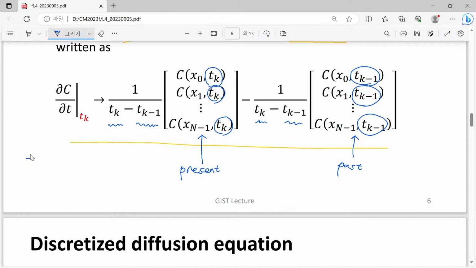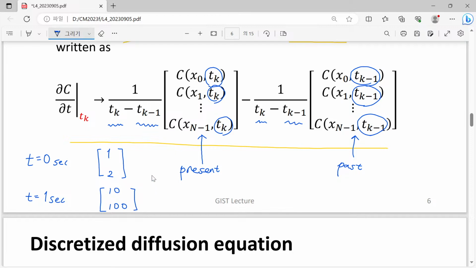For example, when time equals 0 seconds, a C vector has a value of 1, 2. Then at t equal to 1 second, now we have 10 and 100.